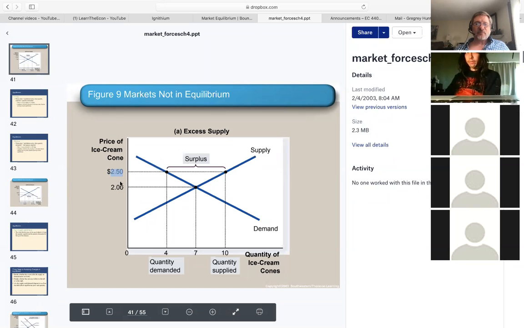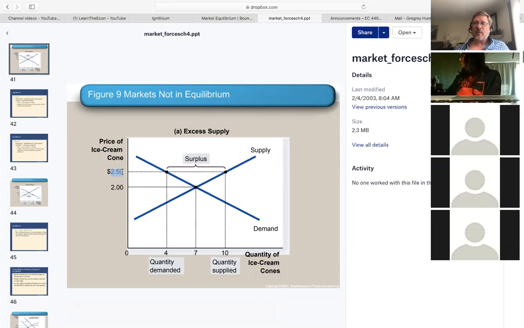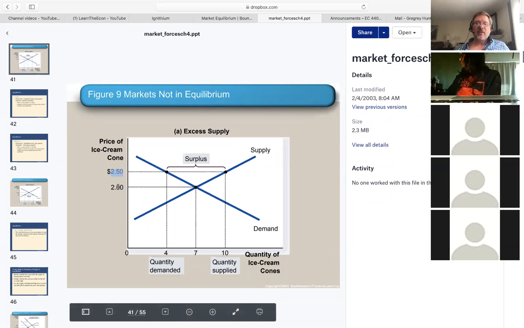Here, this is an example of what you saw in your textbook called a price floor, and we'll talk more about that. But the thing to notice is that the equilibrium price is at $2.